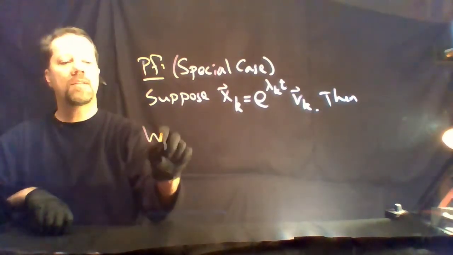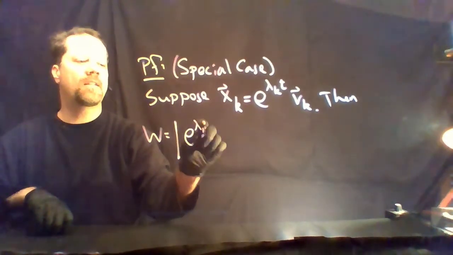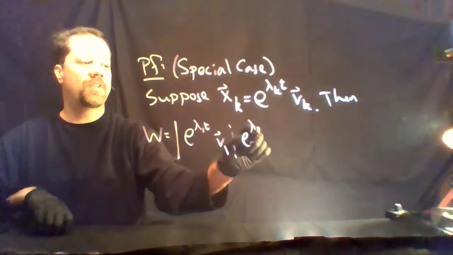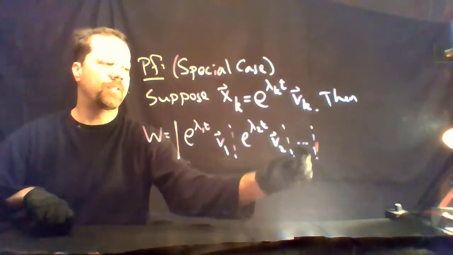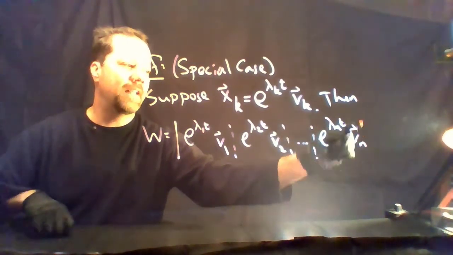The Wronskian will have the form, the determinant of e to the lambda 1 t v1, e to the lambda 2 t v2, all the way over to e to the lambda n t vn.